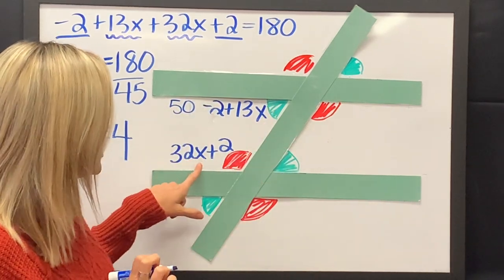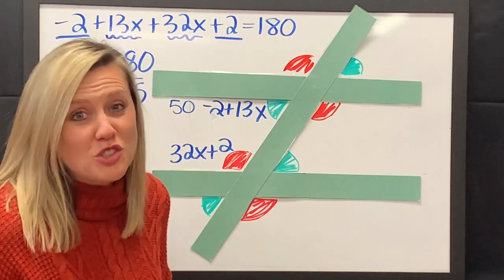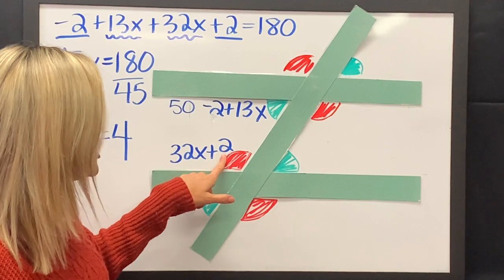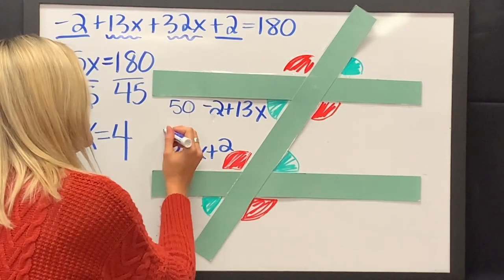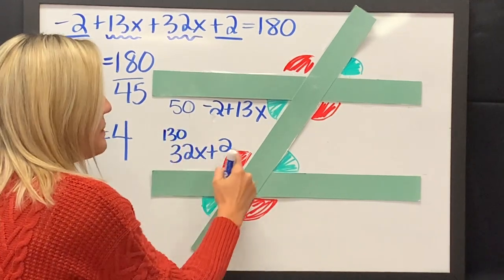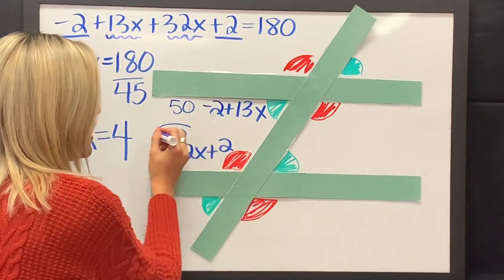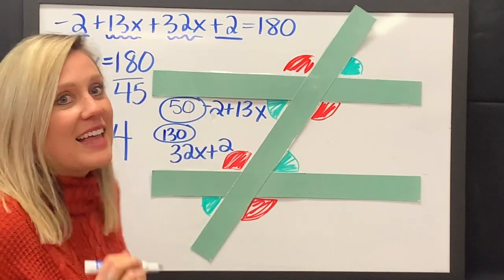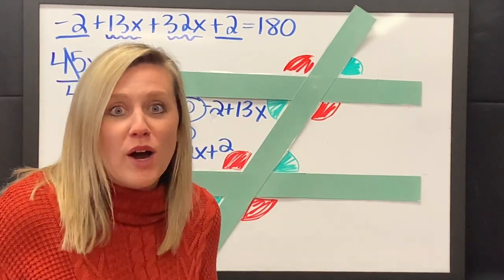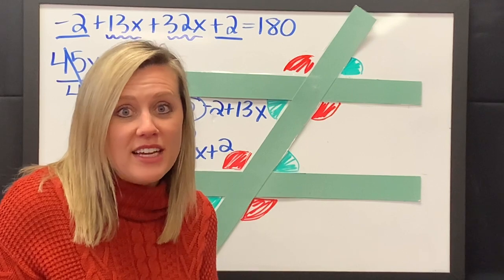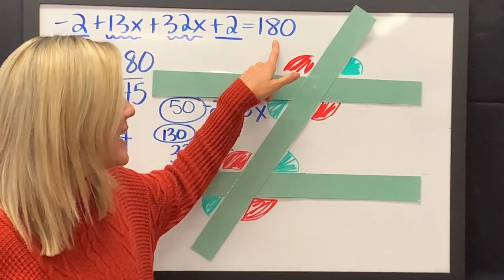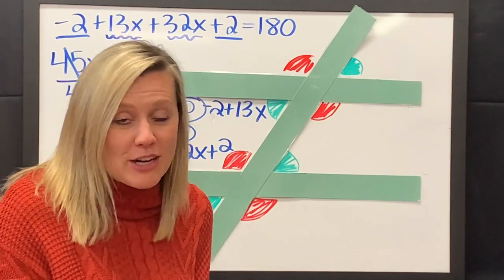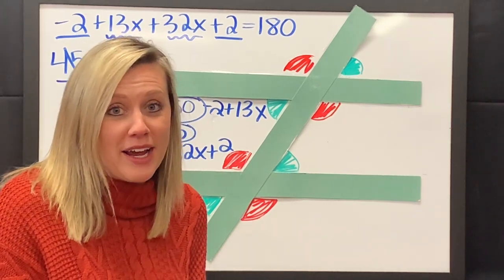Okay, 32 times 4 is 128, and 128 plus 2 is 130. So that would mean this angle right here, the red one, is 130, and that would mean this green one here is 50. My last question is 130 plus 50 equal to 180, like I said earlier? And the answer is yes. And that is how I would double check to make sure I got it right.